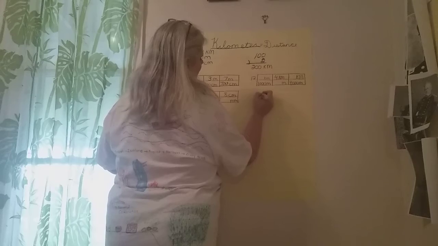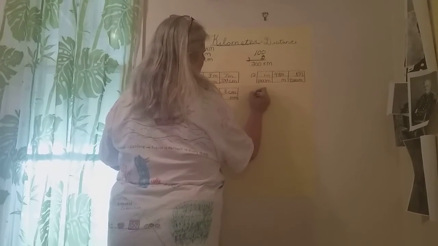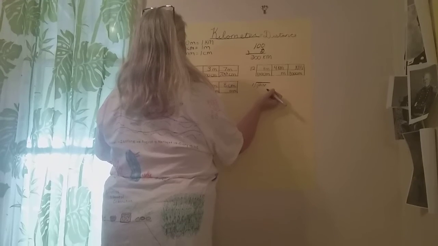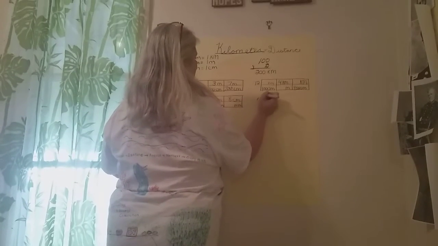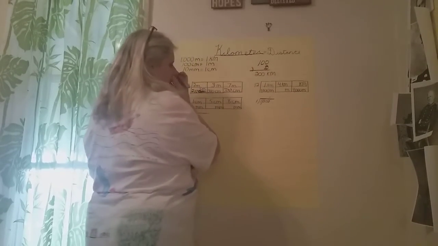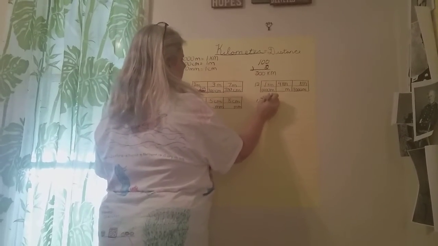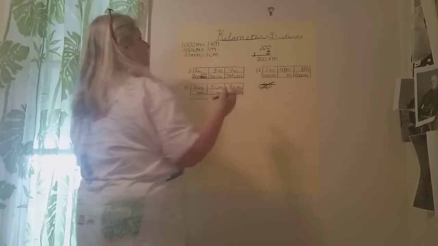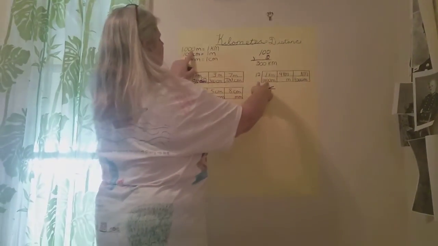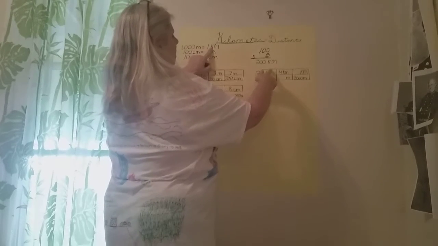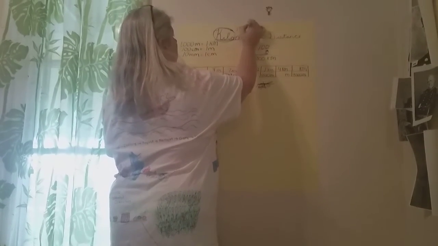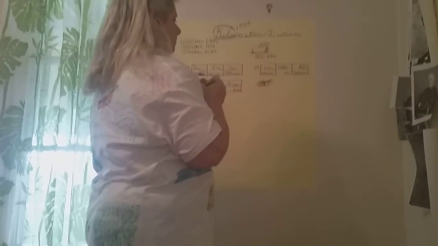So we have 1,000 divided by 1,000 is 1. Okay? I know, division doesn't look right, but that's how we do it. 1 kilometer is 1,000 meters. Remember, kilo means 1,000. Okay?